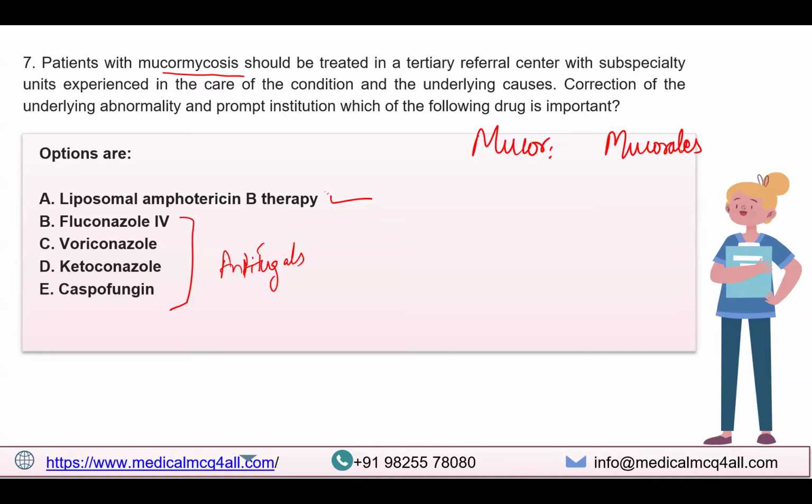So basically mucormycosis is a fungal infection. Which fungus causes it? Rhizopus. Yes, Rhizopus, very good. So Mucorales or Rhizopus is the fungus that causes mucormycosis.